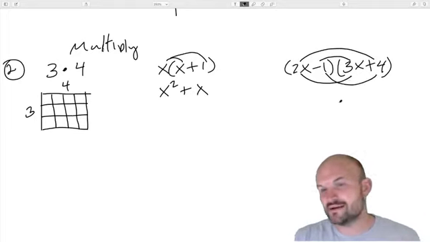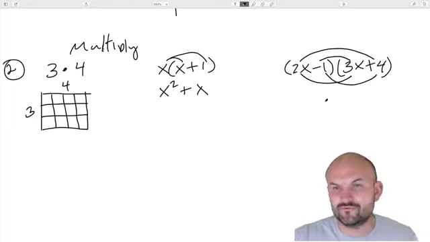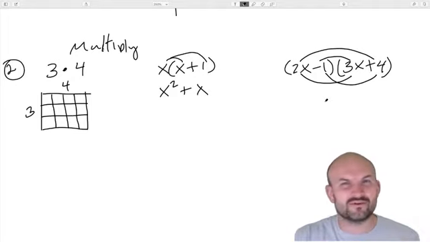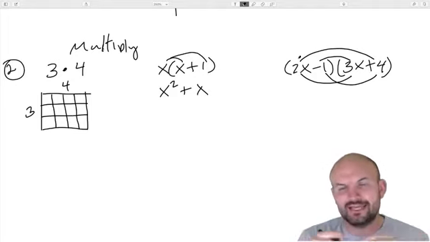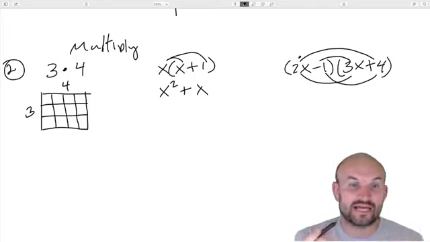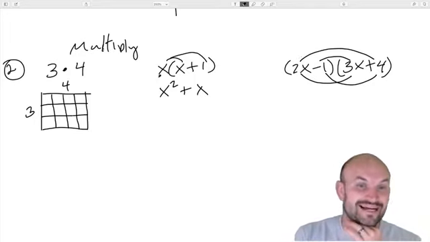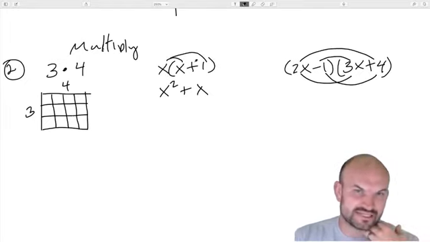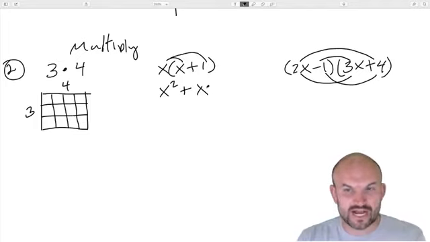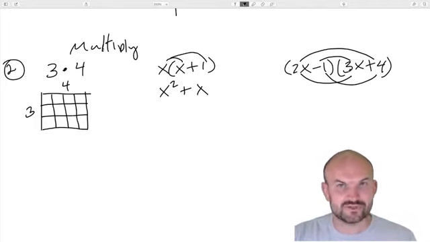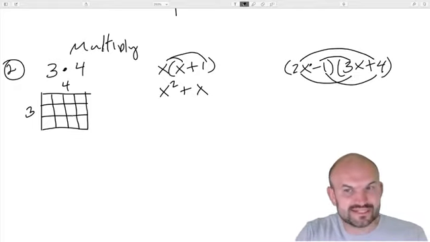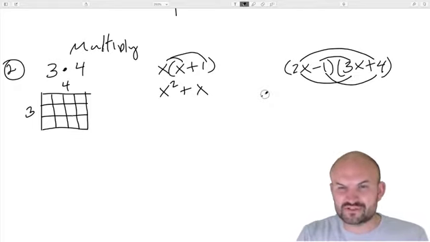Sometimes we can solve this with the FOIL trick, or I think I even did the FOIL upside down. Either way, use whatever trick you can remember to apply the distributive property. Basically, when you have something outside the parentheses, you need to multiply it times every single term inside the parentheses. And those terms need to be separated by addition or subtraction, right? We're not multiplying the 3 and the x, we're just multiplying by 3x. You could list them out together, but for the sake of time, I'm just going to multiply.